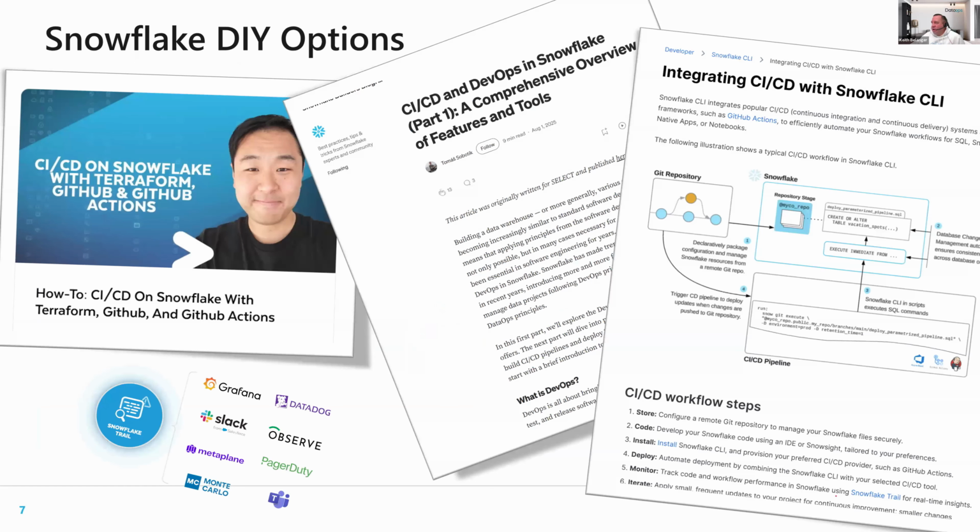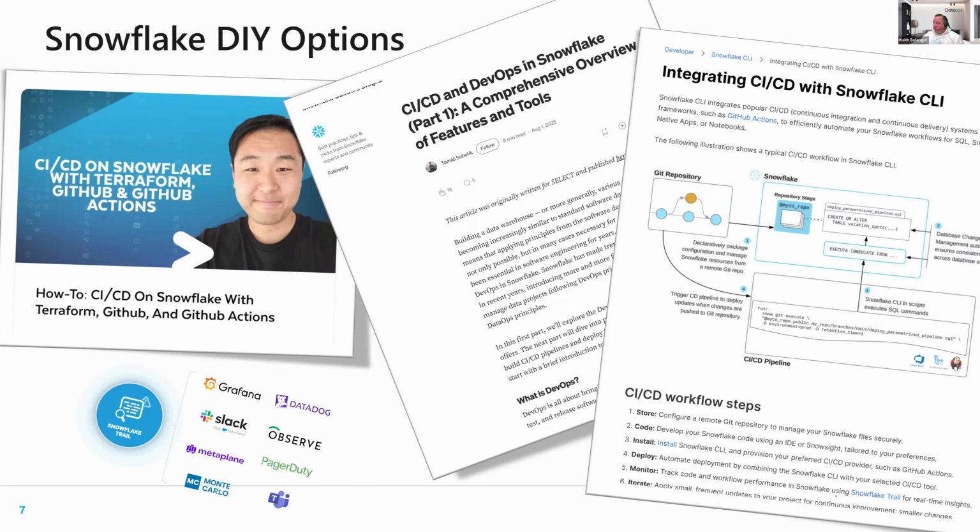Now, I talked about how Snowflake brings a lot of the parts and pieces, and here I'm showing articles and capabilities that Snowflake provides you to take what I call the DIY approach for DataOps. They have Git integration. You can write GitHub Actions. You can use their Snowflake Trail and integrate with Slack or other things.